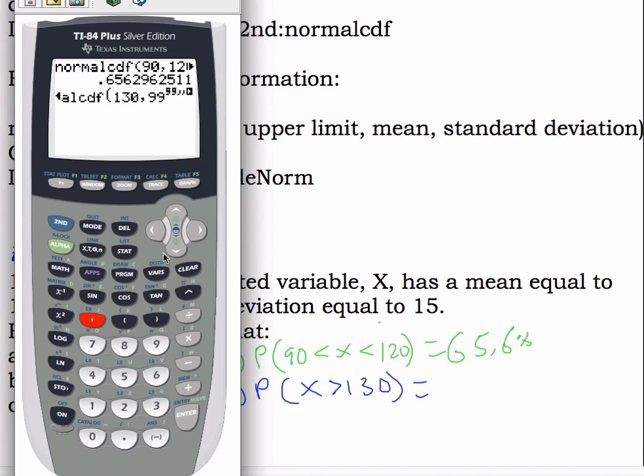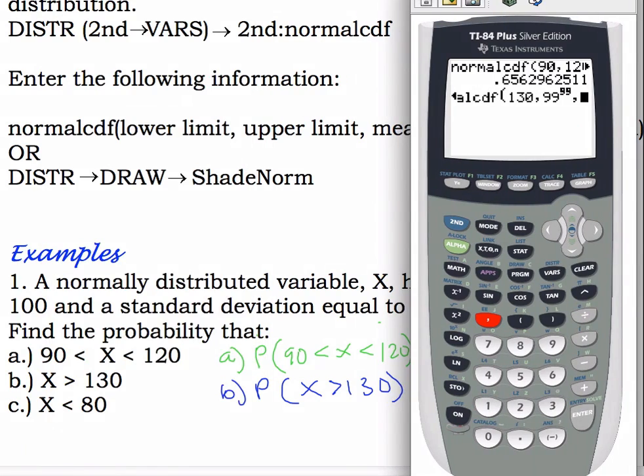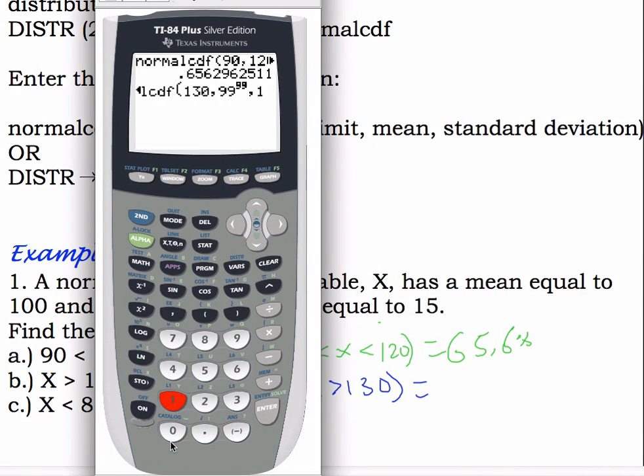Oops, let me delete those. We don't want the comma up there. I just want to press over on my arrow button, then the comma. And you could just type in 9,999 here or something, just something really large. And then the mean and the standard deviation again, so 100, comma 15. So I've got all that in there. Press enter, and let me see.